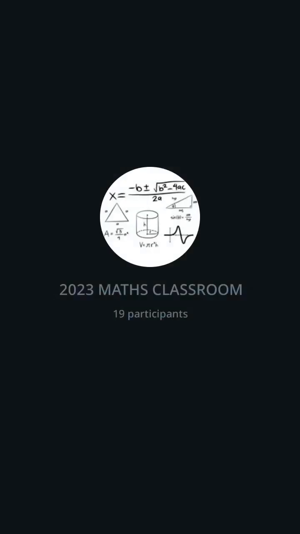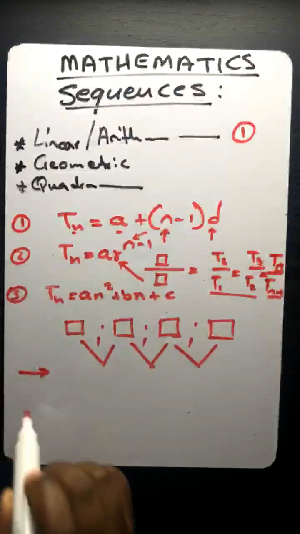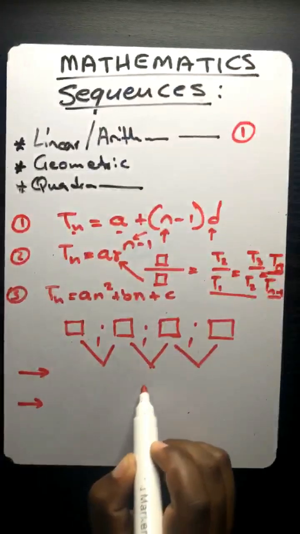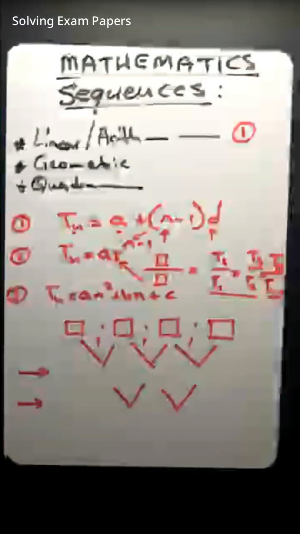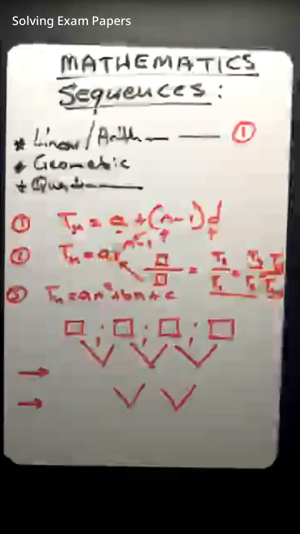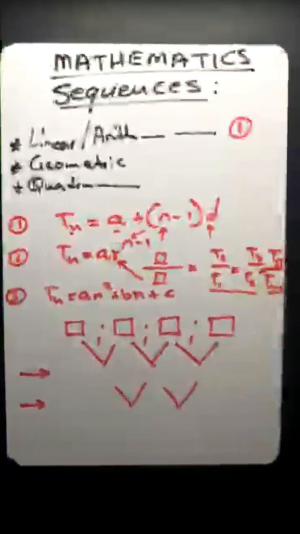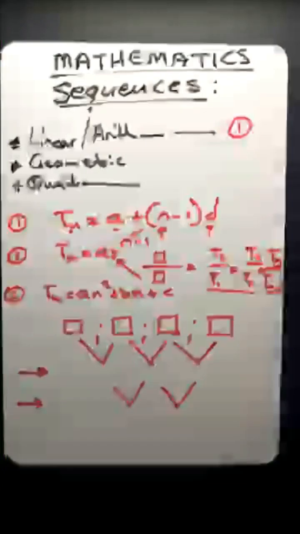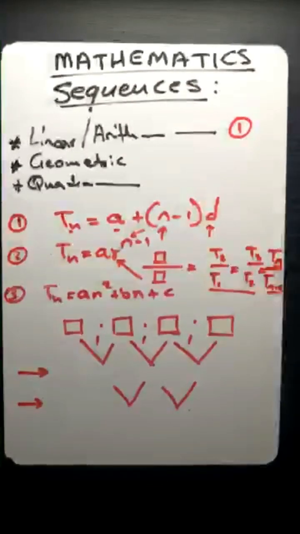You will have the first difference, and then you will have the second common difference. There are also formulas included in that sequence, but as we start solving those questions, I will remind you of all the necessary tools you will need to work out the math problems.